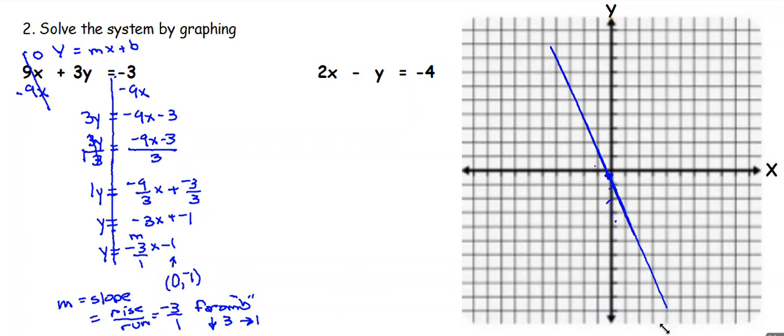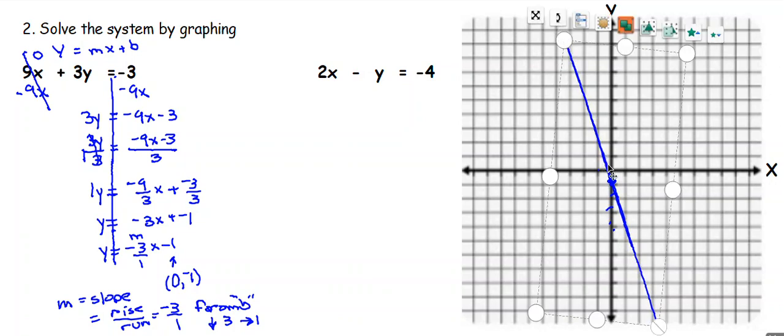I don't know if we can, but we can certainly try. Let's see if that did the trick. That did the trick. Down 1, 2, 3, and over 1. So that's our first line right there.